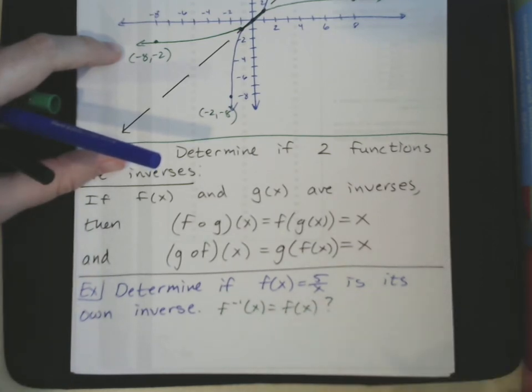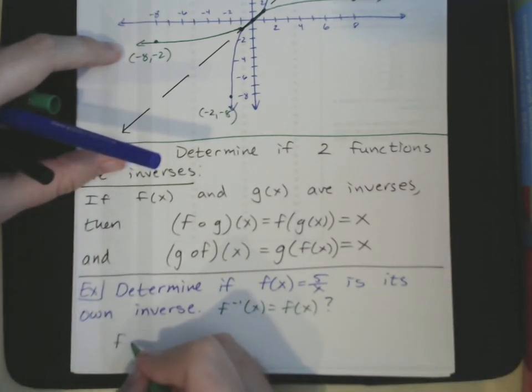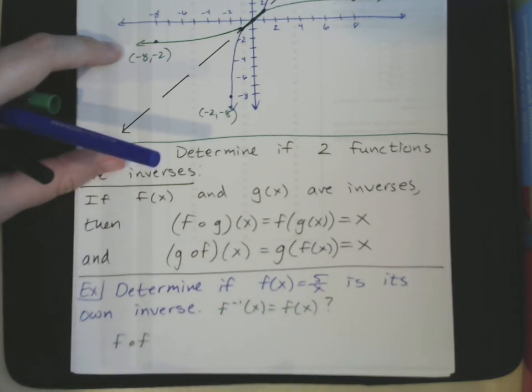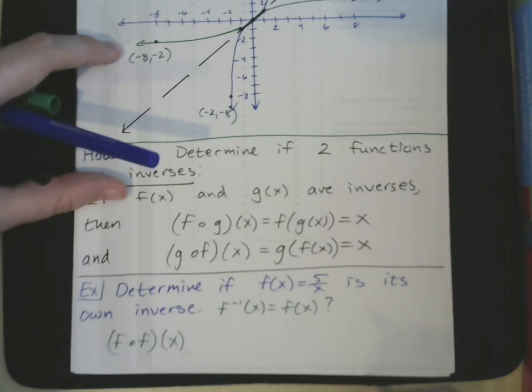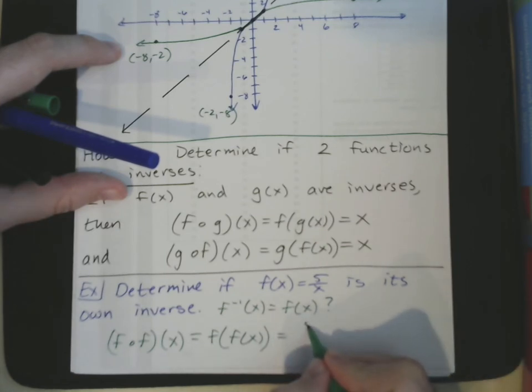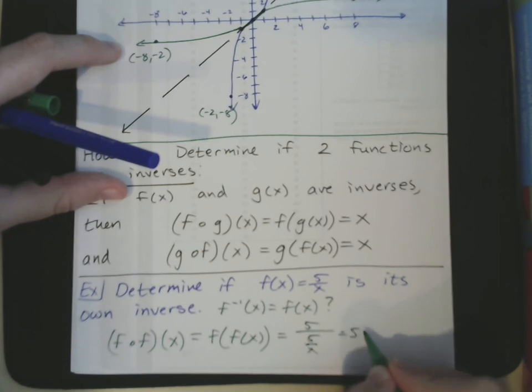That's the question we're asking. So we are going to compose f with f. So f circle f of x is f of f of x, which is 5 over 5 over x, which is 5 times x over 5, which equals x.